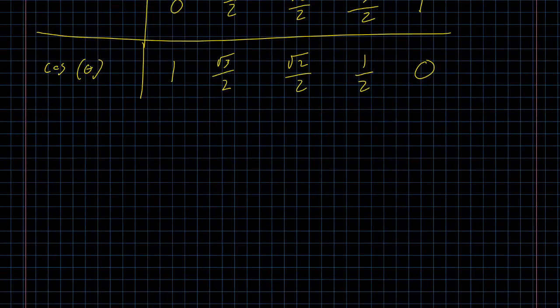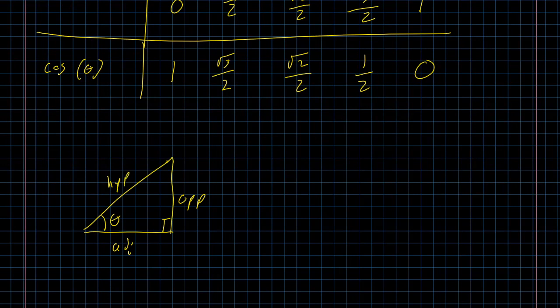And the reason for that is if we think about a triangle, we know that the third angle up here, if we've got a right angle, we've got an angle called theta.